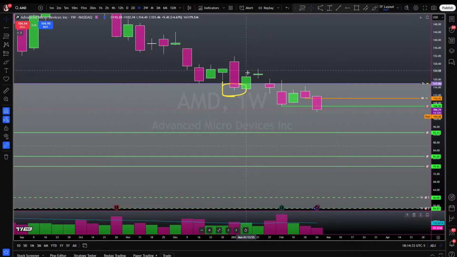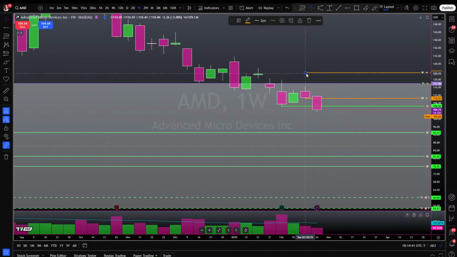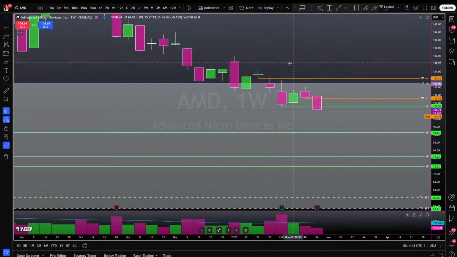So what you could have done is waited for this, a 2-2 reversal. Two up, 2 down. So we look for lower time setups that can reconfirm or re-trigger the year.